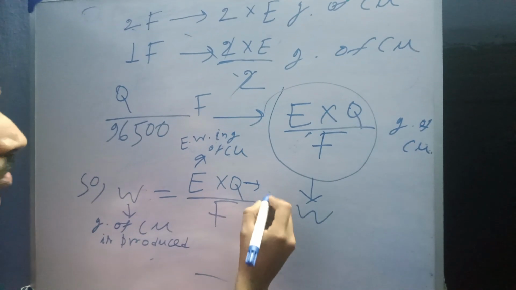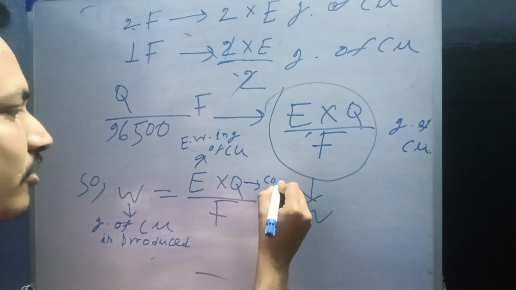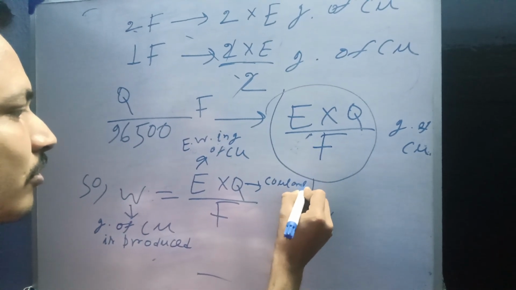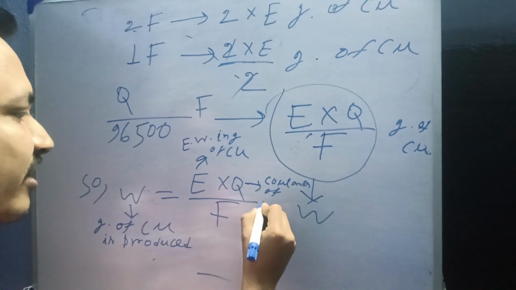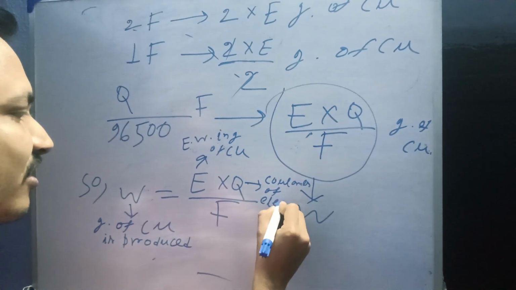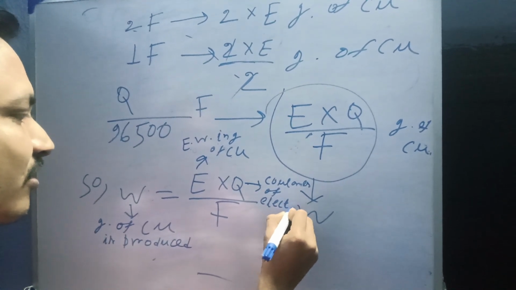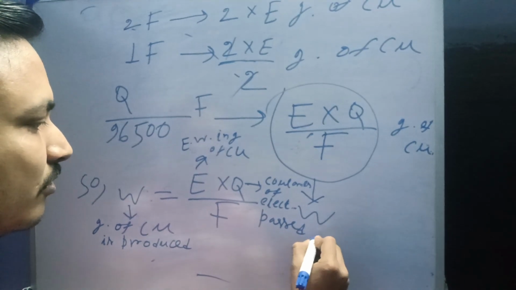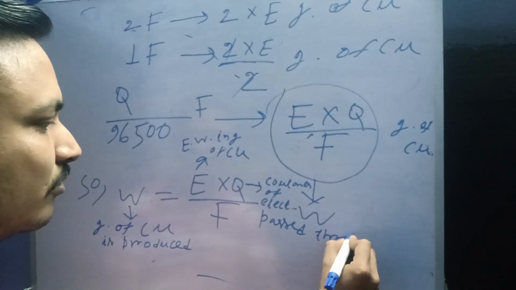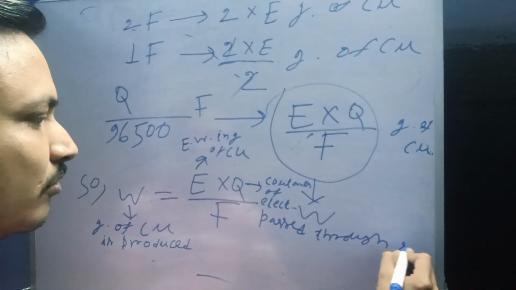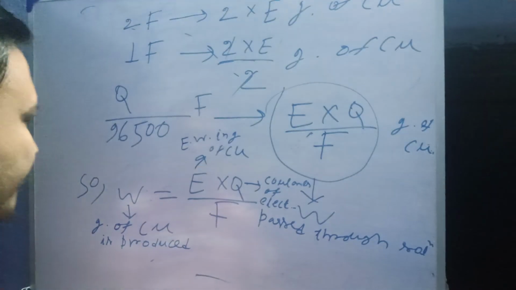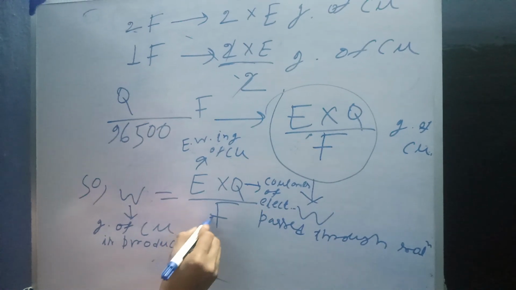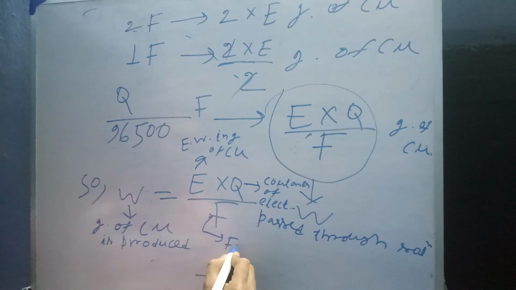Q is coulombs of electricity passed through the solution. And F is called Faraday.